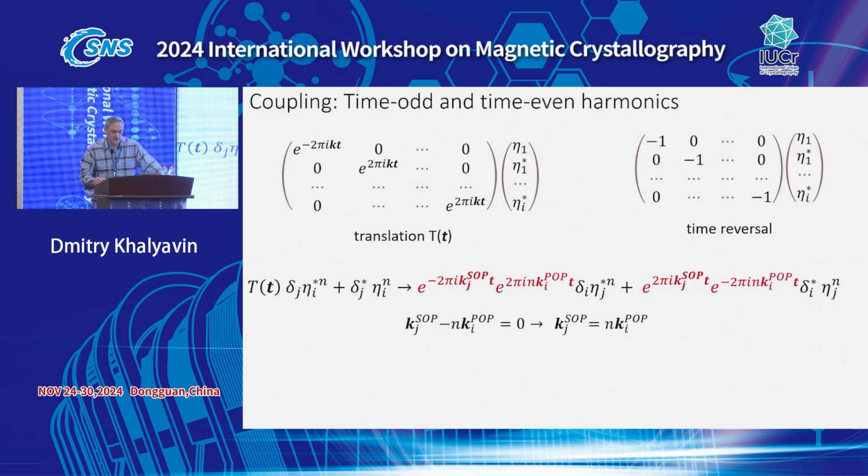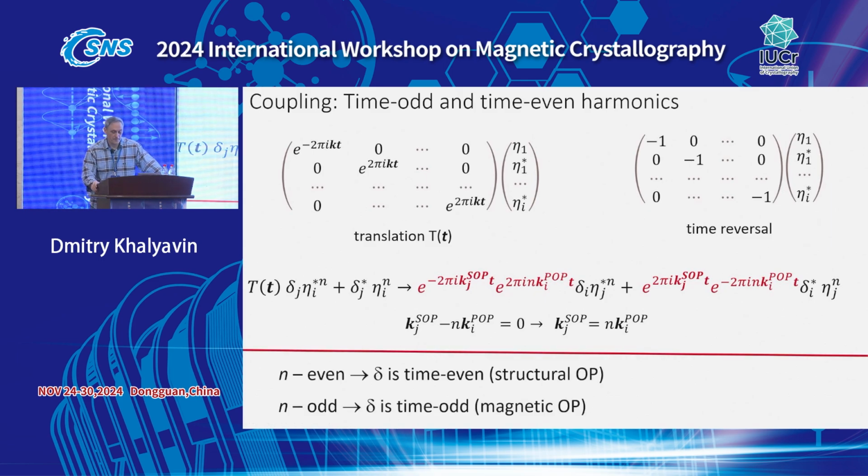But for simplicity, let's consider just 0. That means that the propagation vector of the secondary order parameter must be just n times k of the primary order parameter. So it's nothing else than our harmonics. So in the case of one modulation, we should expect harmonics.